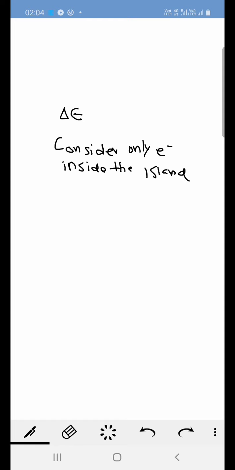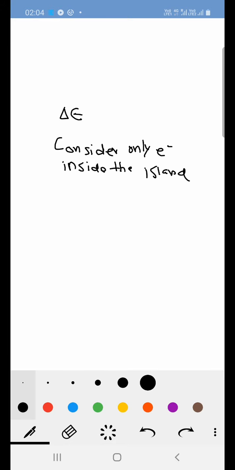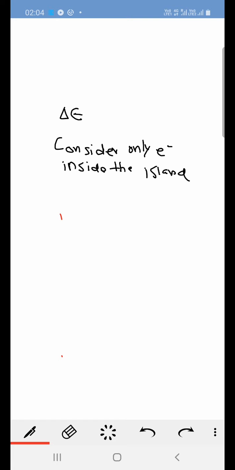Now, in fact, an extra n plus 1 electron attempting to enter the island needs an extra energy to overcome its electronic repulsion with n electrons already on the island. So if there are n electrons inside the island and one more electron wants to enter, then it has to overcome the repulsive energy.